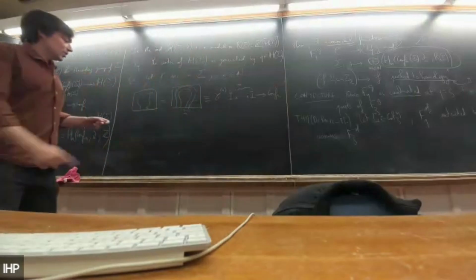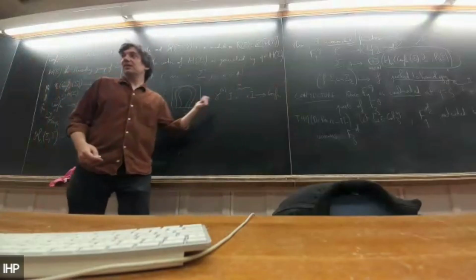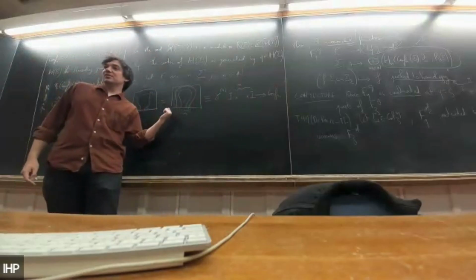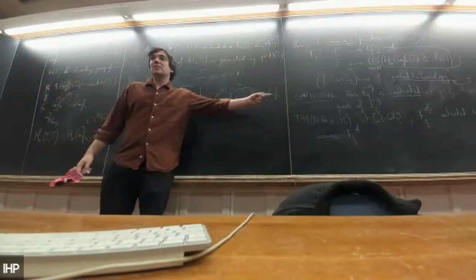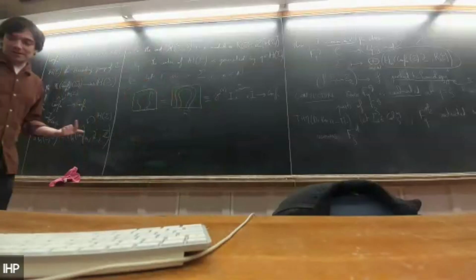What does it mean? I have one interval, two intervals, and so on. So I have n intervals, and here I have many n intervals inside the configuration space. Since the intervals don't cross, this well defines a submanifold of the configuration space.